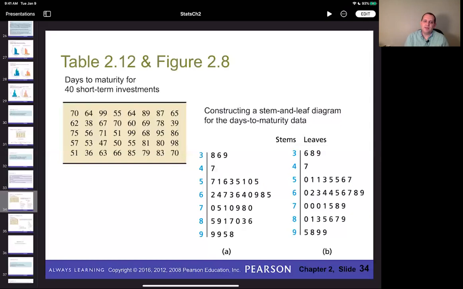The stem is everything but the last digit, so in this case, it's the tens digit. The values go from 30-something to 99, which looks like the largest, so your stems can go from 3 to 9. Your tens digit can be a 3, 4, 5, 6, 7, 8, or 9.